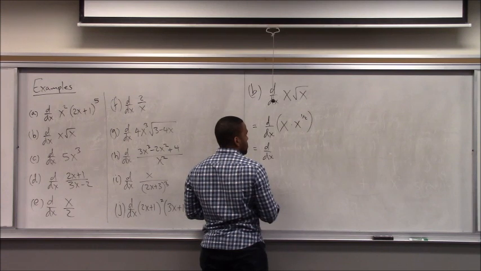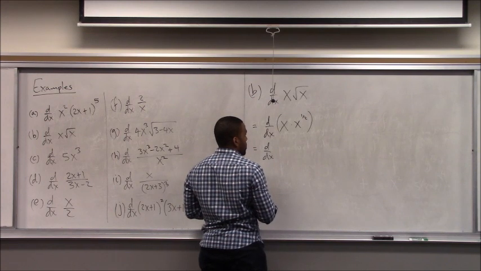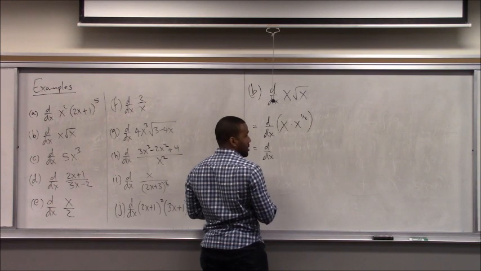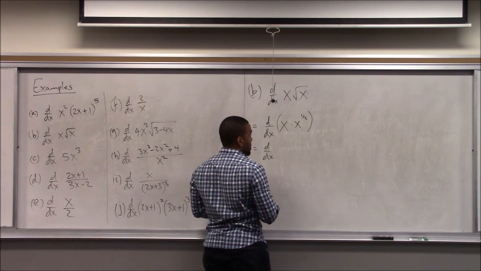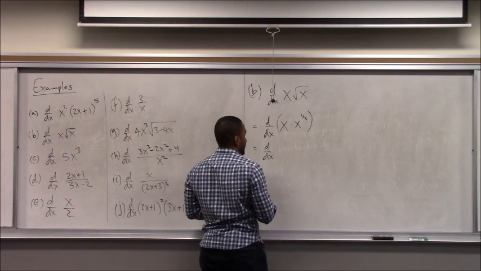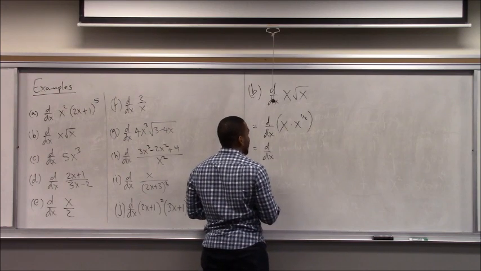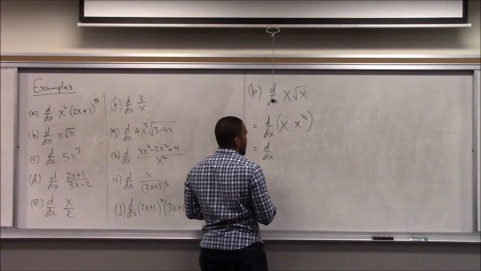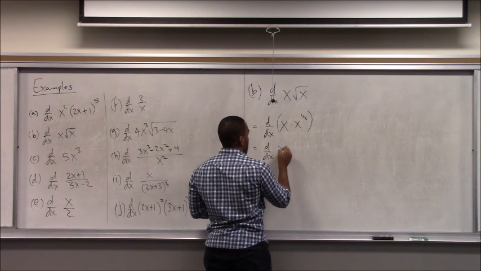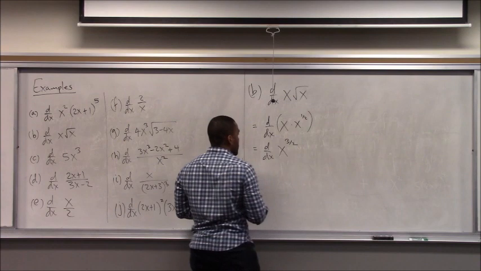Yeah, and what would you get? She's the only one saying the right thing. So you would get what? x to the 1 plus 1/2, that's x to the 3 over 2.